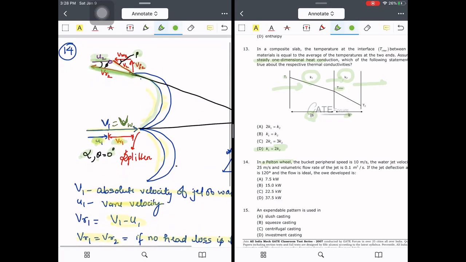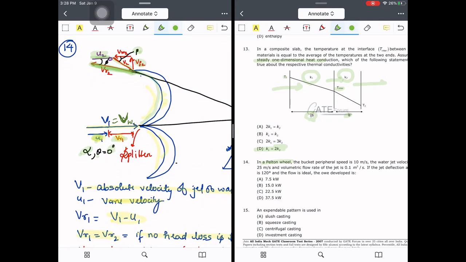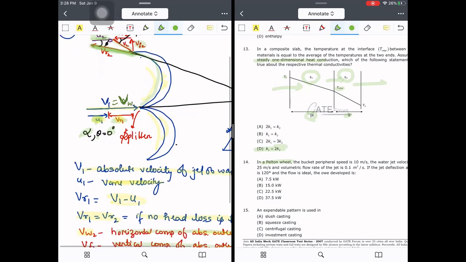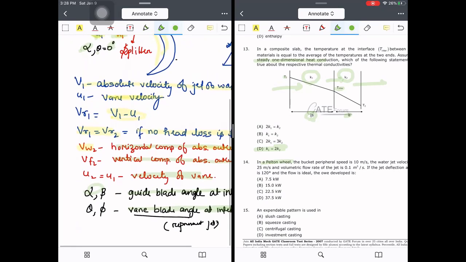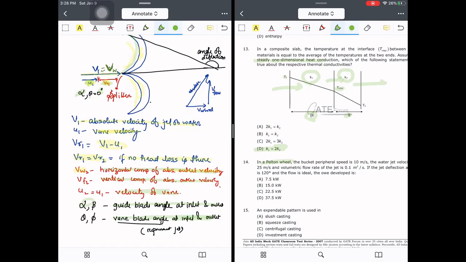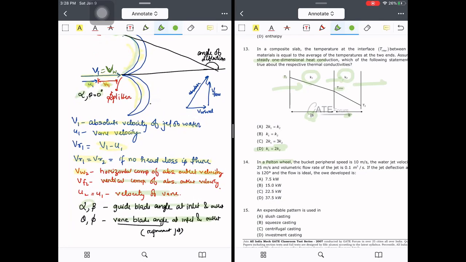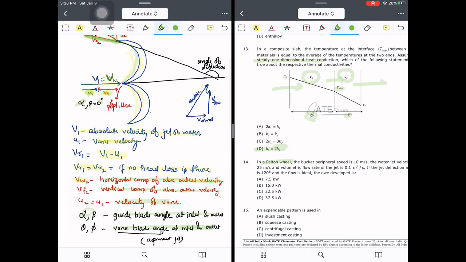So I'm sorry, with respect to vr1, which is coincident, which says that it is 0 degree, therefore theta here is equal to 0 degree, and phi is some non-zero angle, because it is the relative velocity with respect to the bucket vane, making some angle, which is non-zero.